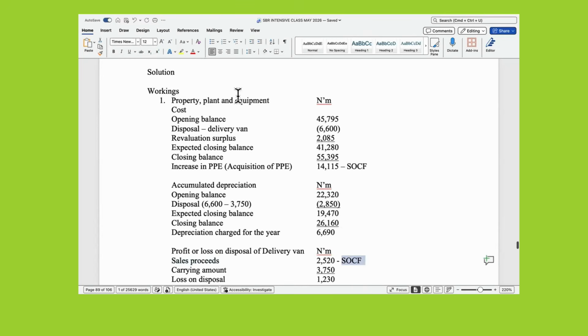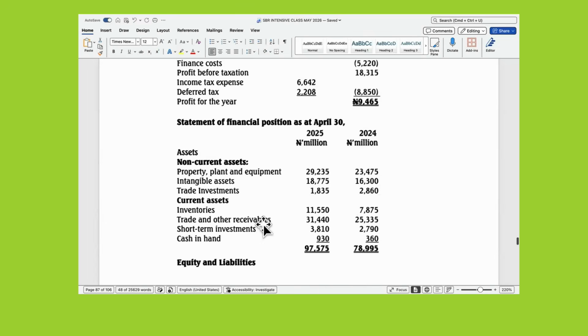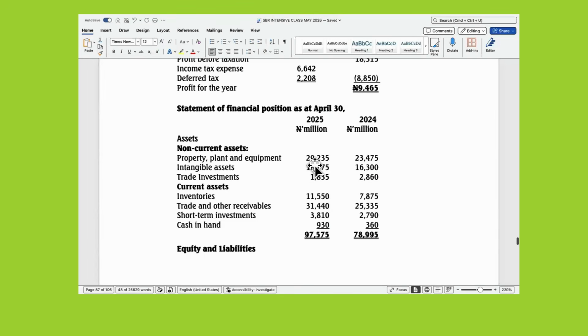So it is only PPE that has this plenty wahala. And really it is always like that. Know this, you're good. Then I'm done with PPE. I'll move to intangible asset. You will see that one increased from 16,300 to 18,775.